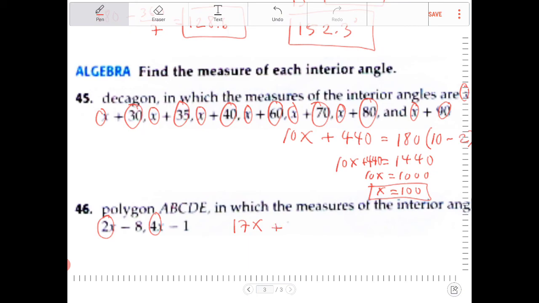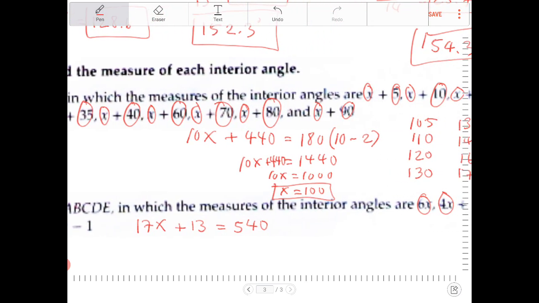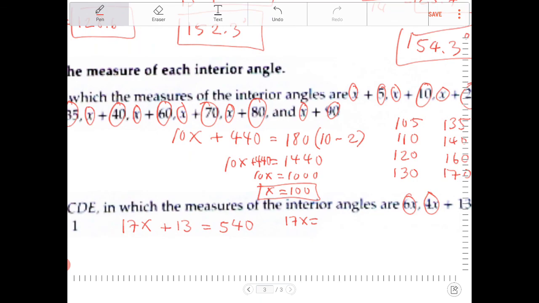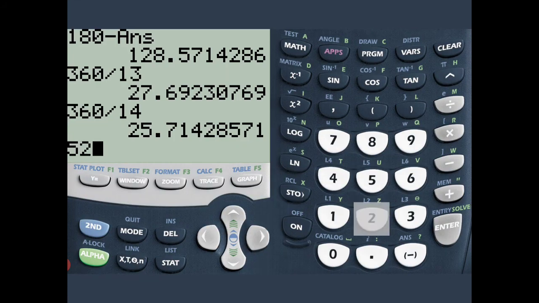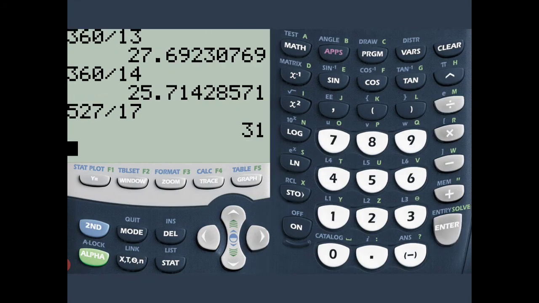So it's plus 13 is equal to, this is a pentagon, so it's 540. If I subtract both sides by 13, I end up with 17x is equal to 527. And divide both sides by 17. 31.